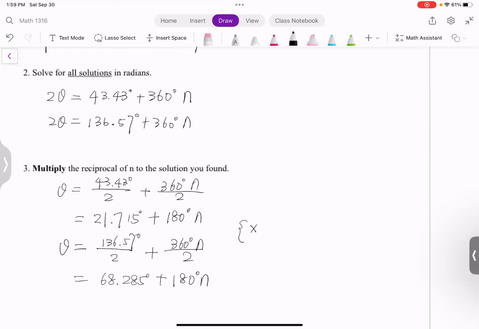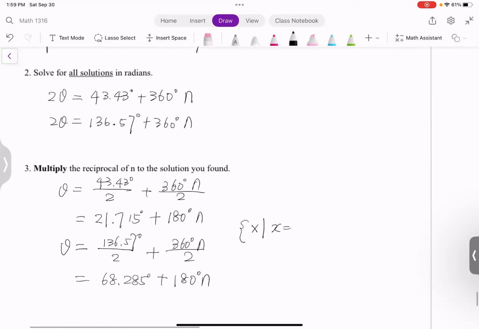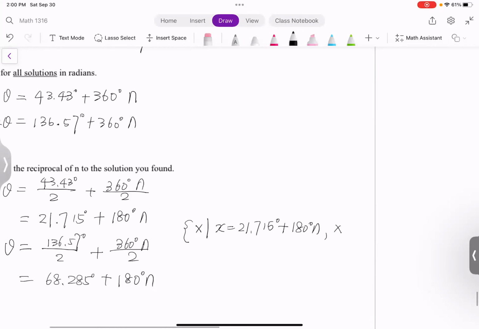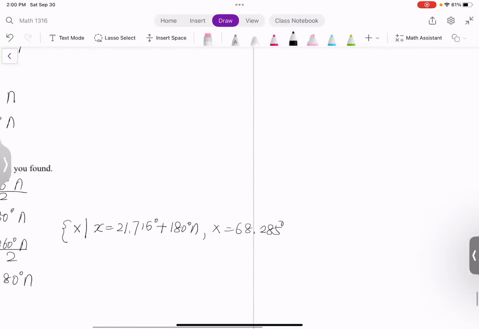So I have the set of all x such that x equals 21.715 degrees plus 180 degrees n, or x equals 68.285 degrees plus 180 degrees n, for all n in the integers. So n are integers.